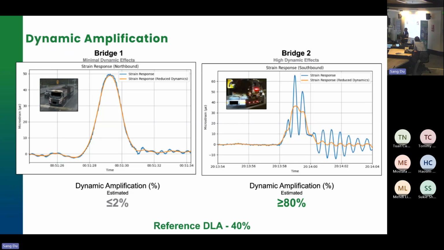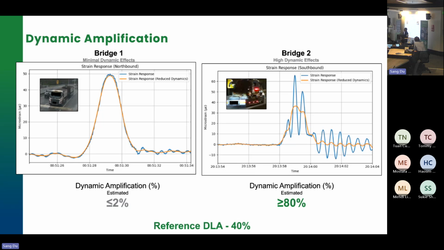In one of the bridges, we saw that on one side there was next to nothing dynamic effect. But on the other side of the bridge, where the vehicle had to cross the joint before entering the bridge, we can see massive dynamic effects.